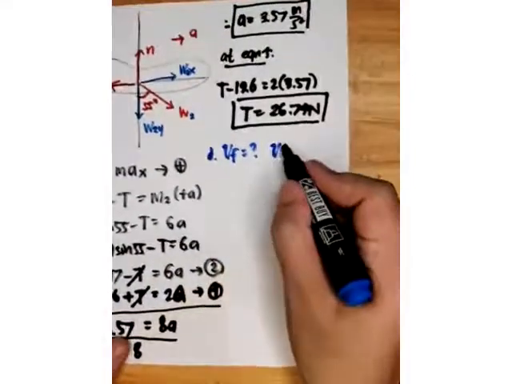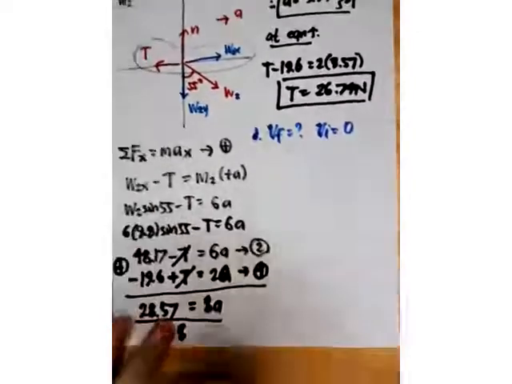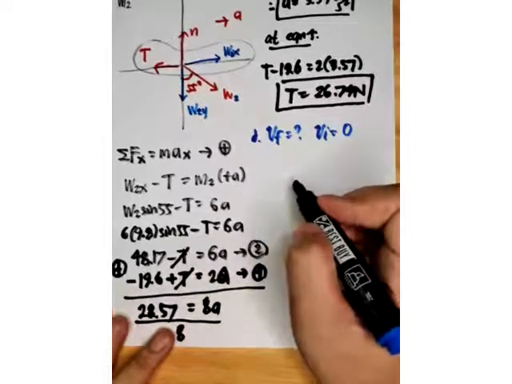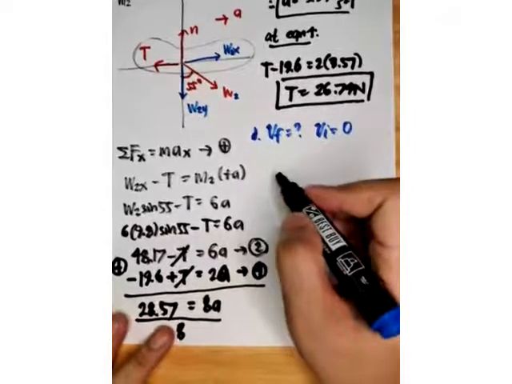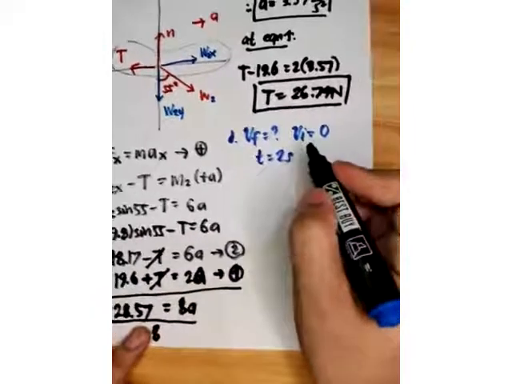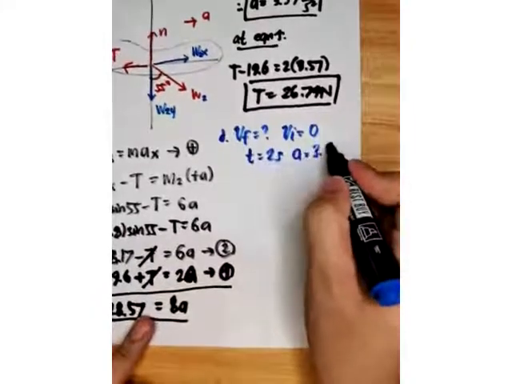The initial velocity is 0 since it started at rest, and the time given is 2 seconds.